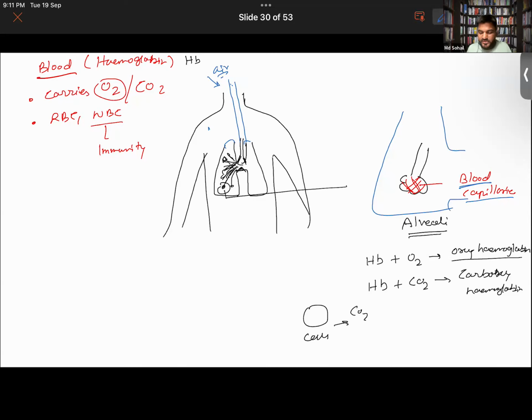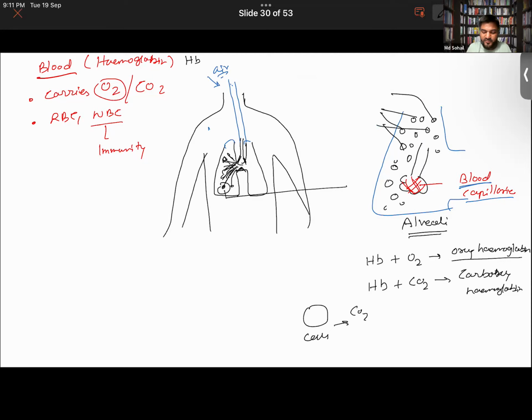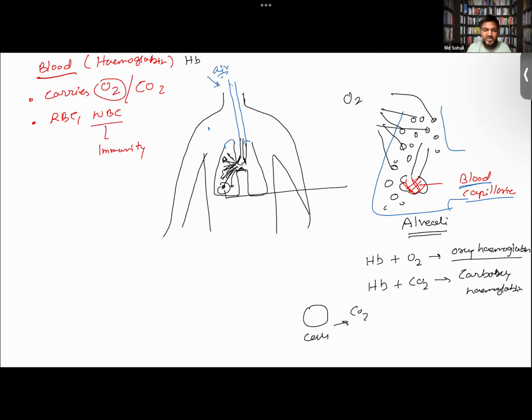Now, see, you are in the lungs here. This is the blood capillary, and we have taken lots of air molecules here. Out of all the different types of air molecules, let's say there are 1, 2, 3, 4, 5, 6 oxygen molecules right now.